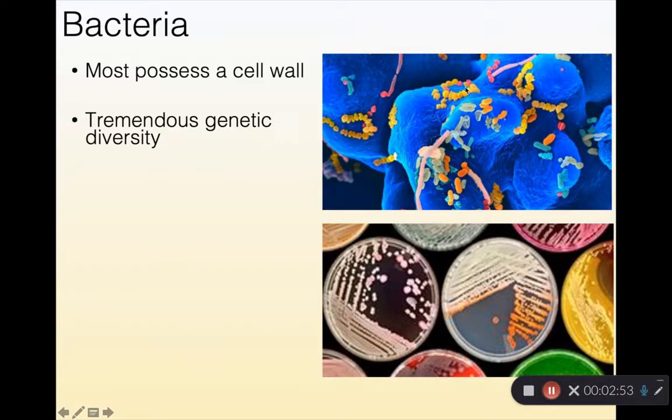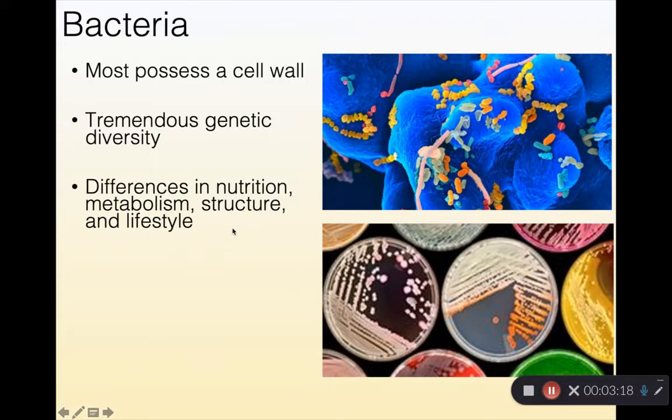This picture here is something you've probably heard of as part of the gut microbiome. It's a zoomed in picture of bacteria that colonize the intestines of humans, and it's a huge area of study right now for looking at the effects of the microbiome on human health.